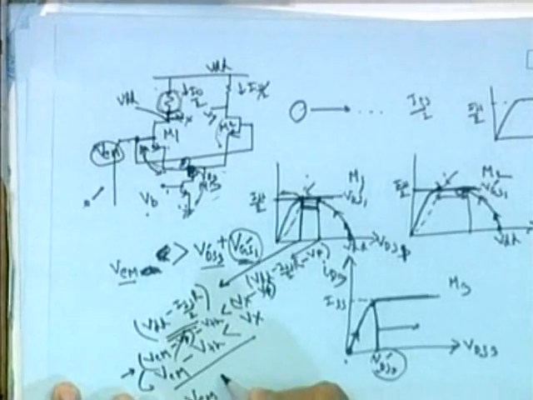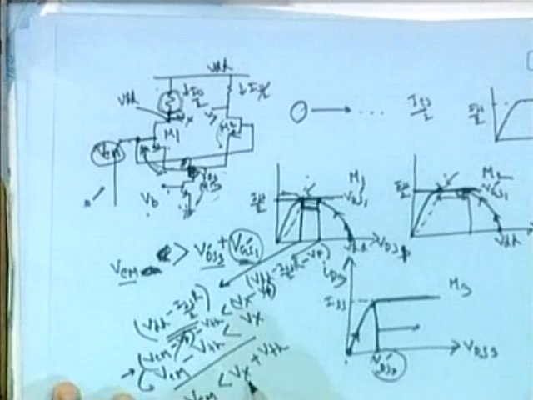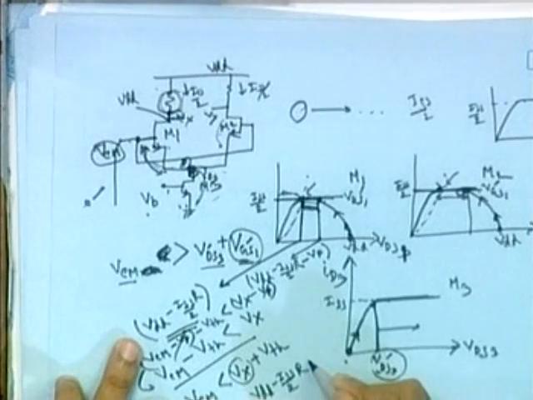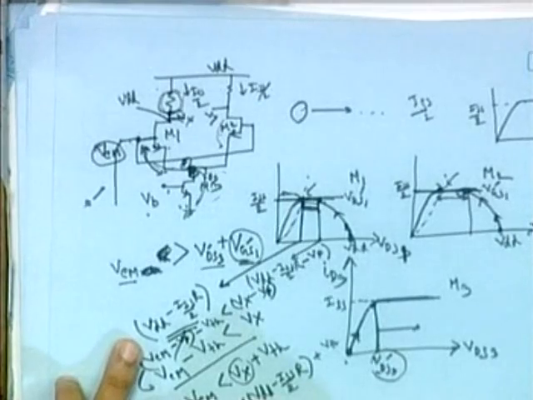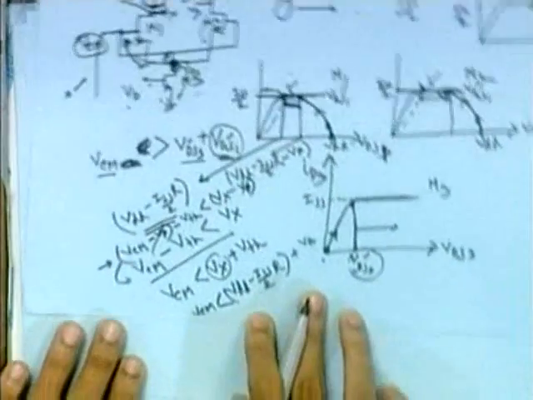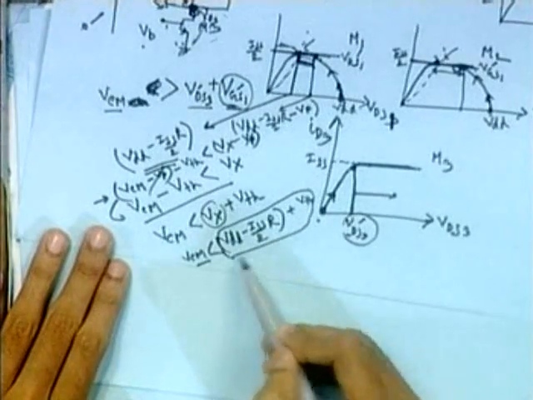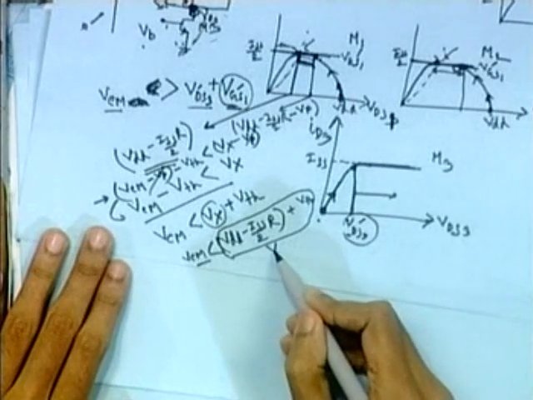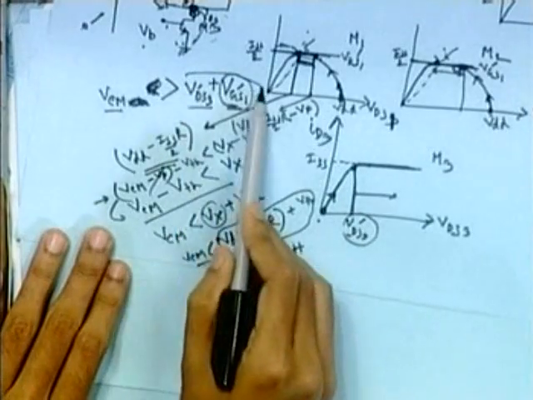So your VCM should be less than Vx plus Vth, and Vx means this one, VDD minus ISS by 2R. This one is Vx plus Vth. So VCM should be less than this factor, and this determines the higher limit of input CM level, VCMH, and that is our lower limit.